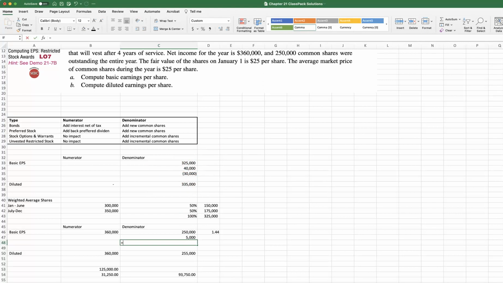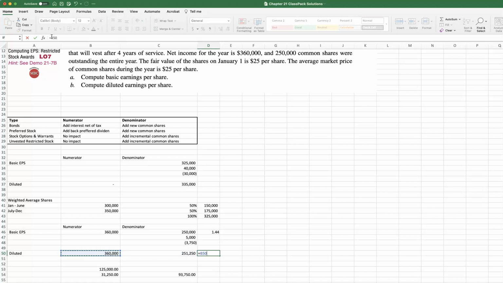So I'm going to take that $93,750 and divide it by the current market price, which also happens to be 25. And that would say I will go out and I will purchase 3,750 shares. So I'll issue 5,000, repurchase 3,750, and now I can calculate my updated diluted earnings per share. Make that prettier for you guys.